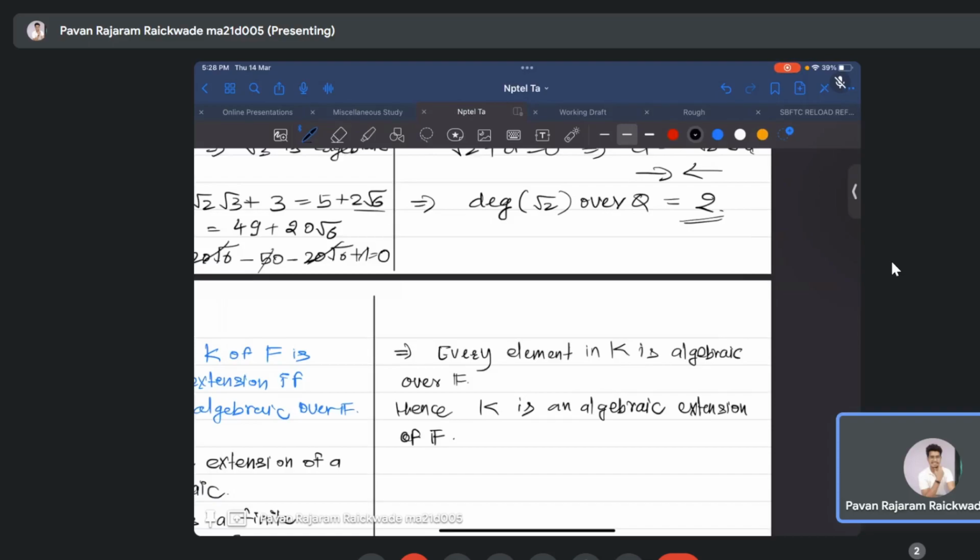Okay, so I have already told you that for any A and B which are algebraic, A plus B will be algebraic, A minus B algebraic, the product is also algebraic, and division will also be an algebraic element. So we'll see that theorem now.